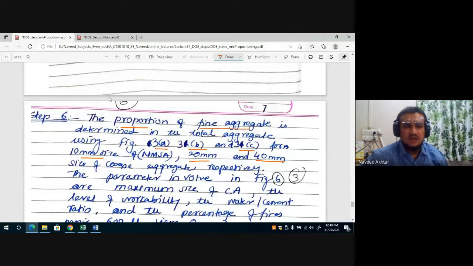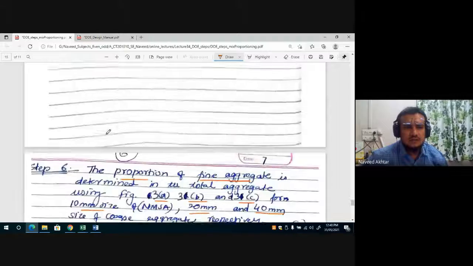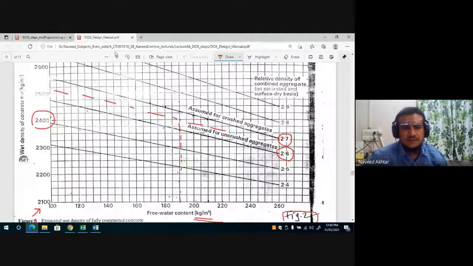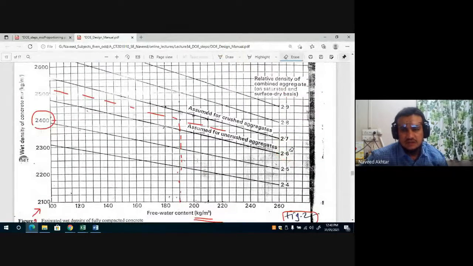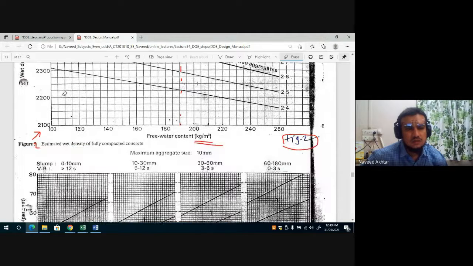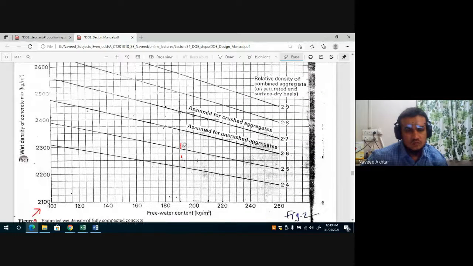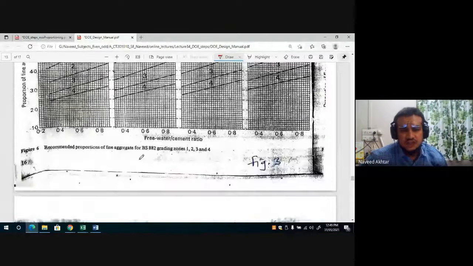When we come to the manual, you can see the manual here. You can see this figure number 3.